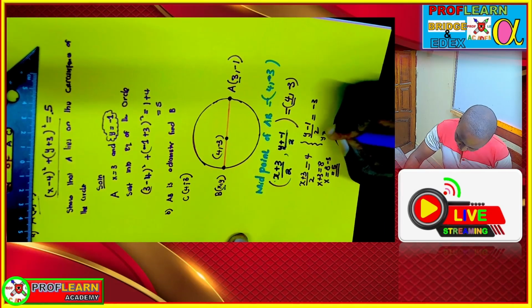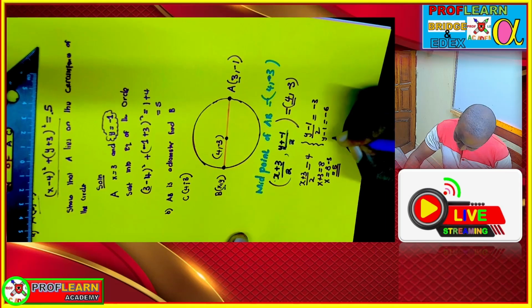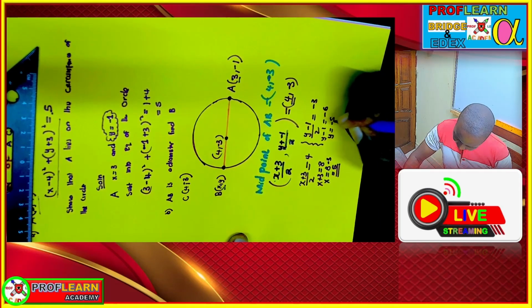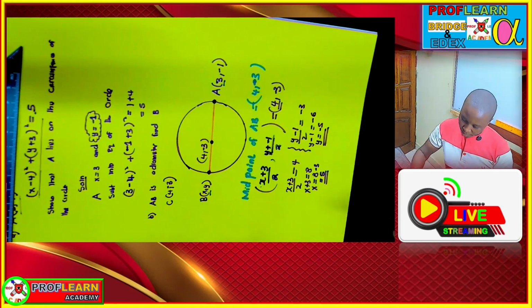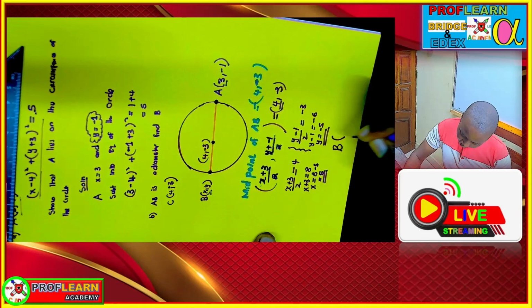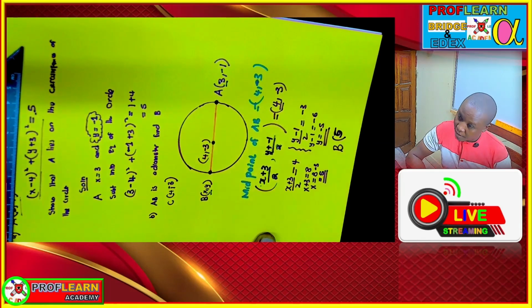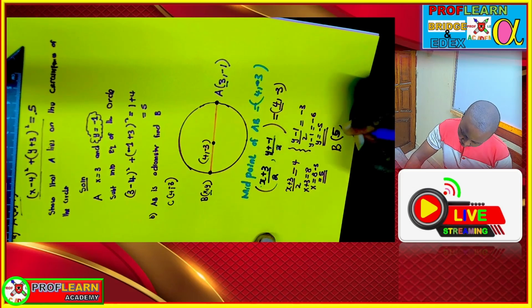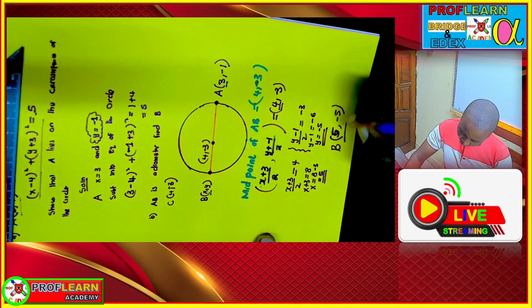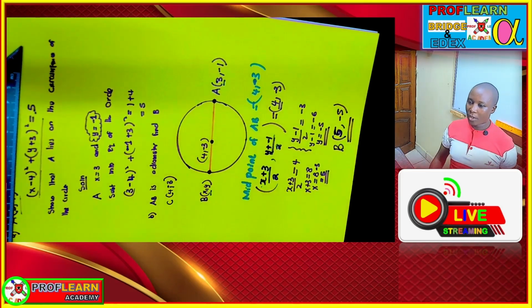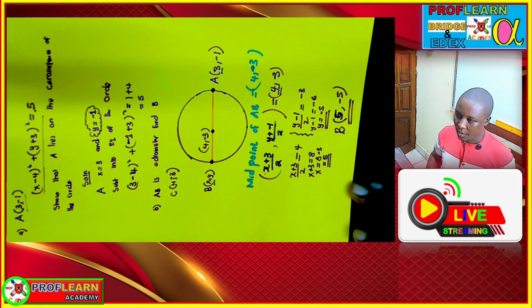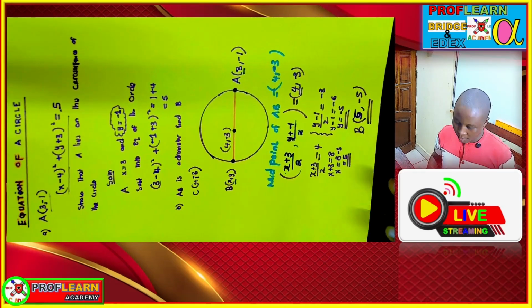This is going to be y minus 1 is equal to minus 6, so y is equal to minus 5. So the coordinates of B will be (5, -5). So those are the coordinates for this particular part.